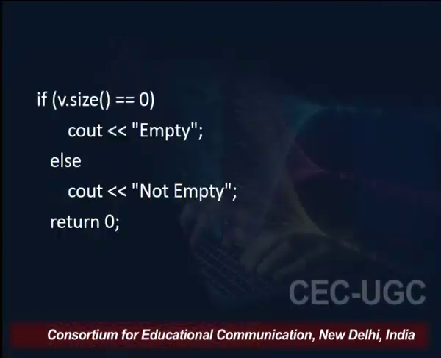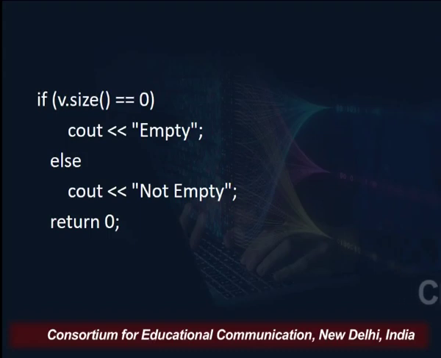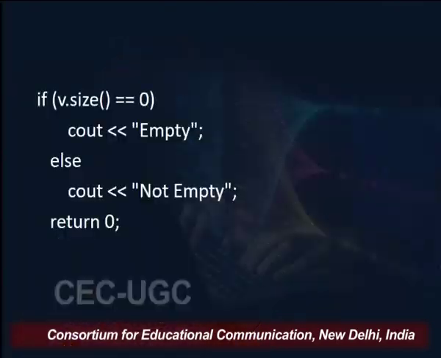Another idea of checking whether this vector is empty or not is using the size function. So, we can also modify our code snippet and write if v dot size equals 0, then it will print empty, else it will print not empty. So, the two ways of checking whether it is empty or not are v dot empty and v dot size.